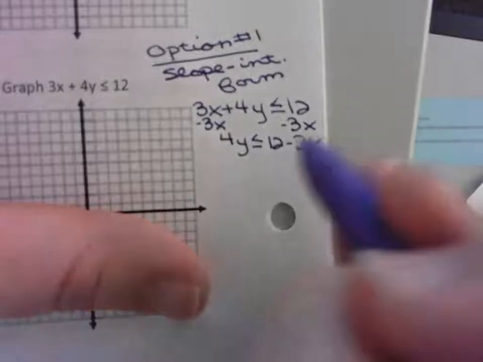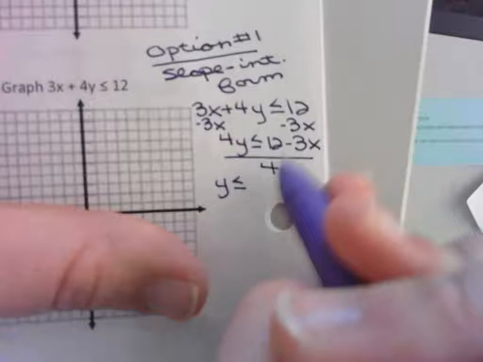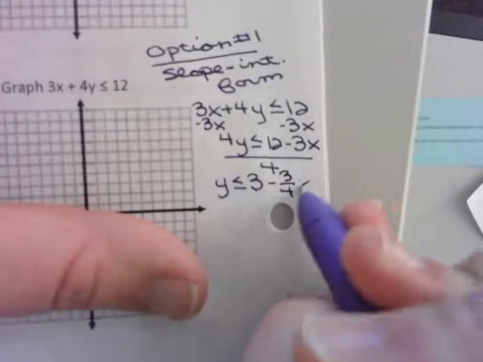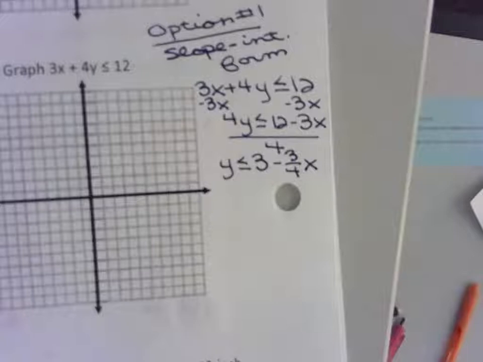What do I do next? Divide by 4. So y is less than or equal to 12 divided by 4, which is 3, minus 3/4 x. You can't reduce the fraction 3 over 4, so just put it as 3/4 x. I'm assuming that this is the way most of you will use, but I like giving you that option.